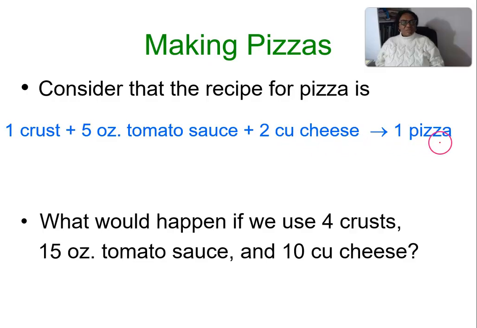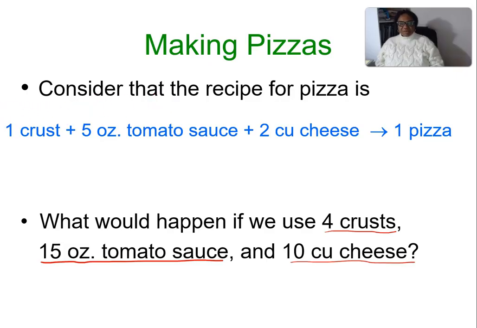This will give us our pizza. We are going to relate our recipe as a balance equation. So the question is, what will happen if we use 4 crusts, 15 ounces of tomato sauce, and 10 cups of cheese? How many pizza are we going to get? That's the question.